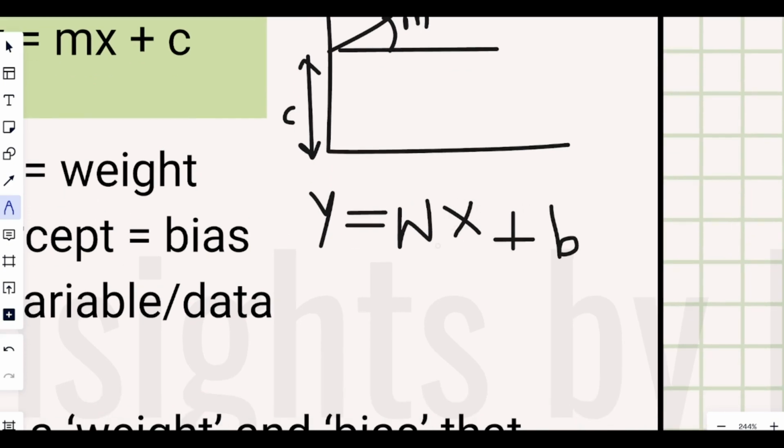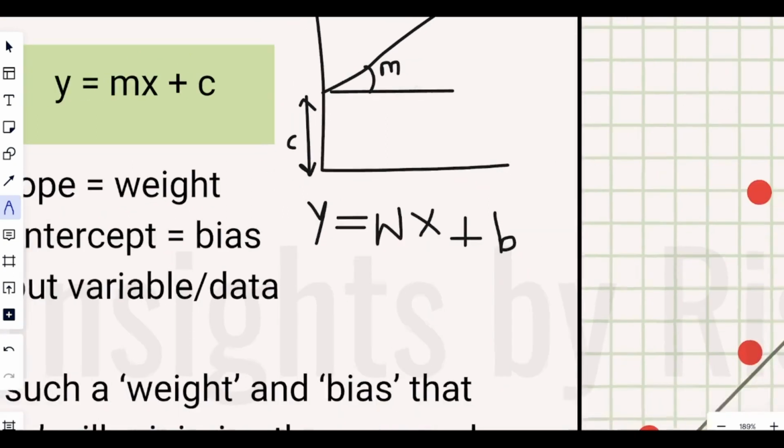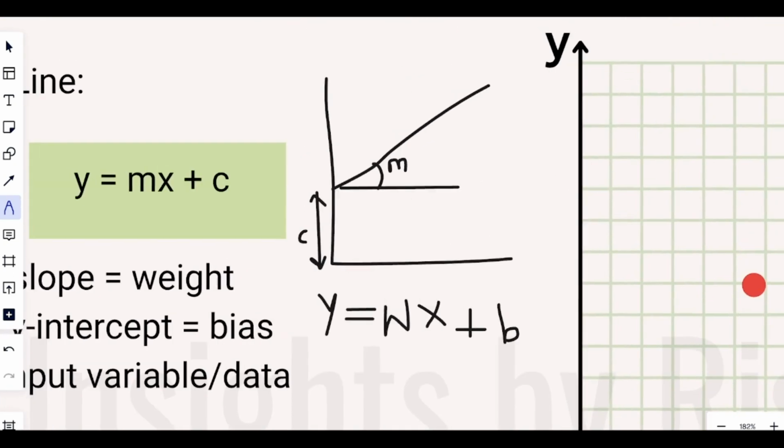What you can change is your weight and b. So as you change your weight and b, the line will also change. Like here, this is a slope; if I increase the slope, the line will change. I have increased the slope here. If I increase the slope more, it will increase more. If I change the y-intercept, the line can start from here. So as I am changing these features w and b, the line is also changing.